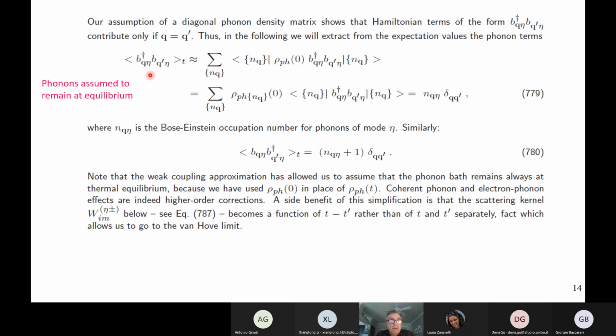Whenever we have a trace over phonon degrees of freedom of this object, only the diagonal term survives, and we have that this term is just the number operator, the thermal equilibrium function of the phonons at momentum q, which is equal to q prime. So phonons are assumed to be at thermal equilibrium, so it's just the Bose-Einstein distribution function.